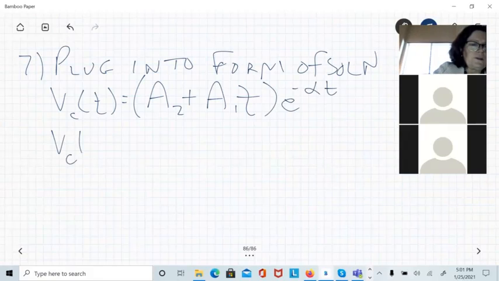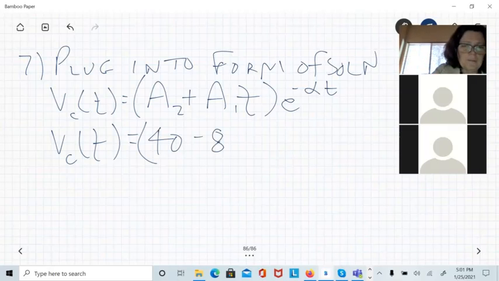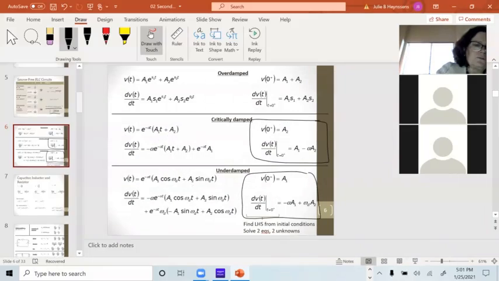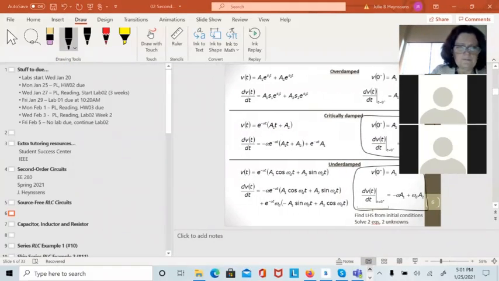So VC of t: A2 is 40, plus A1, which was minus 800, times t, e to the minus alpha t, and alpha was 4. It has units of volts.